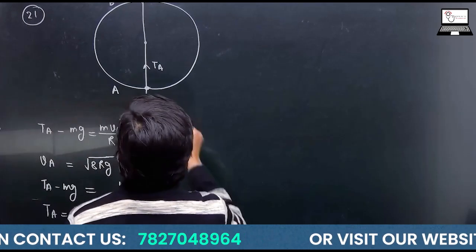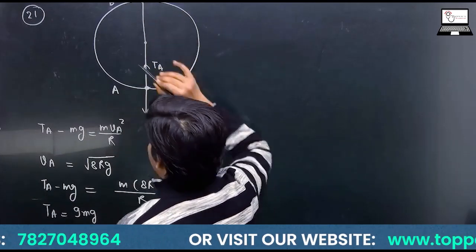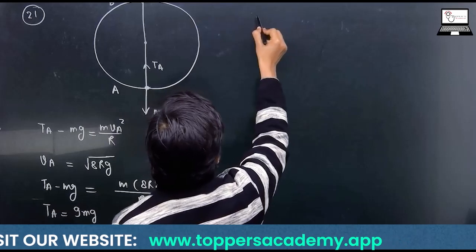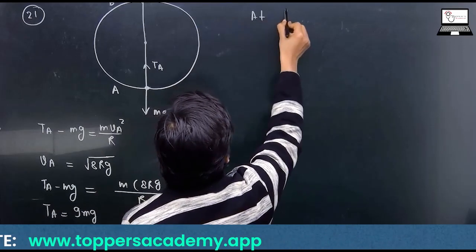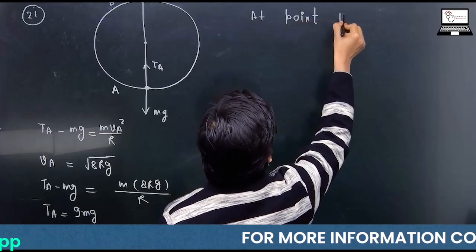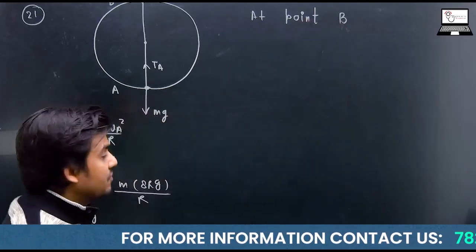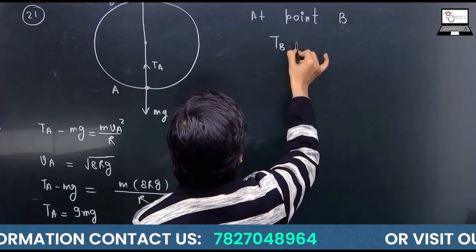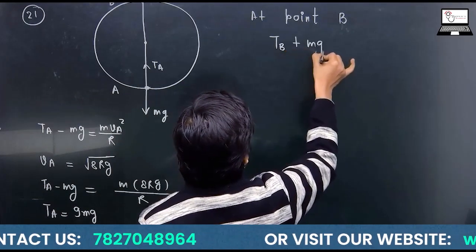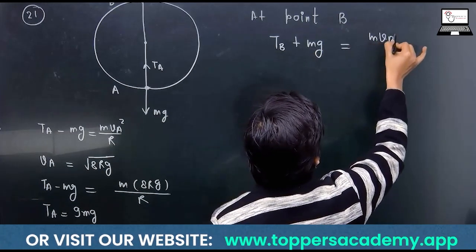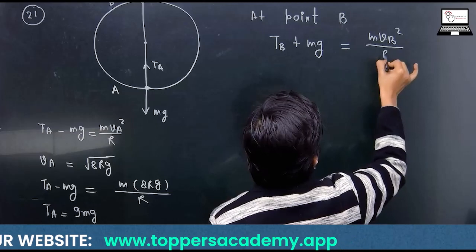Now as it reaches point B, at point B we can write that TB plus mg is equal to m vb square divided by r.